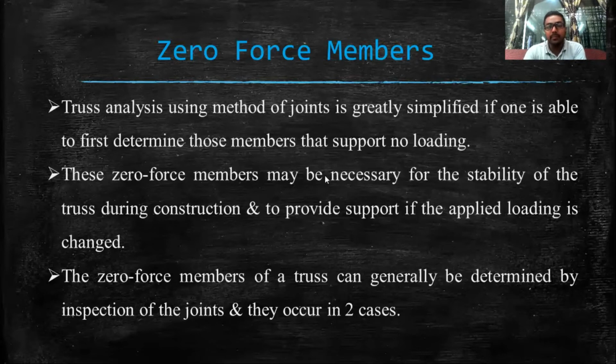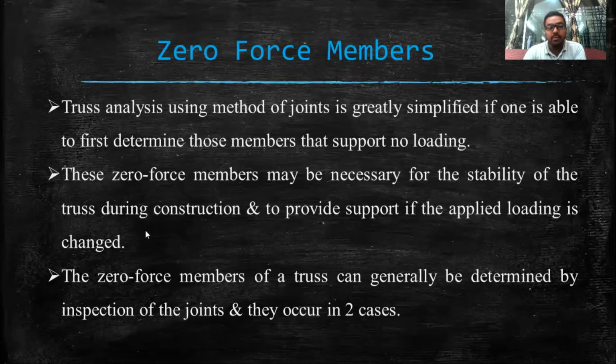Zero force members may be necessary for the stability of the truss during construction and to provide support if the applied loading is changed. Sometimes the applied loading may vary due to changes in the loading situation, and if there is any probability that the loading situation may change, then for additional safety we sometimes provide zero force members.